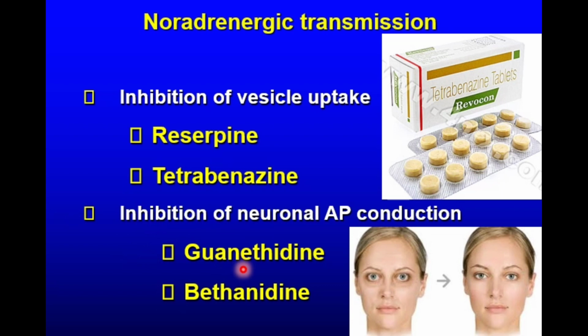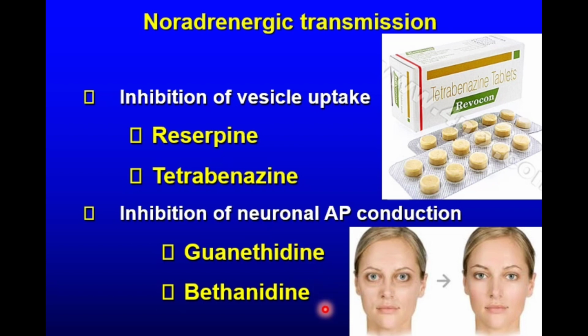Noradrenergic neuron blocking drugs like guanethidine and bethanidine are selectively concentrated in adrenergic neurons via the uptake 1 transporter.